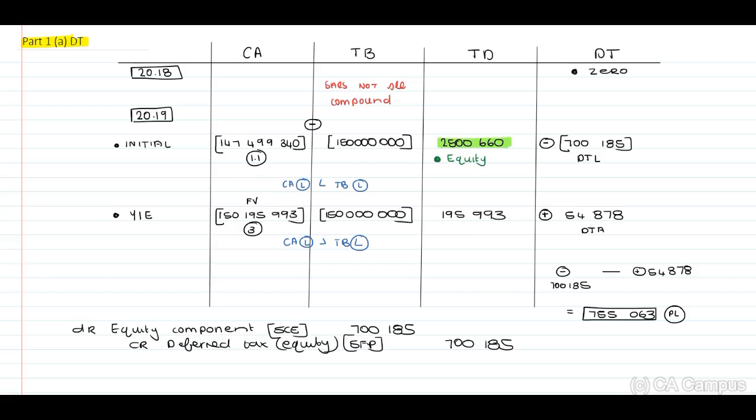Right, you see this, guys? Okay, 700,185, we credit deferred tax liability. Okay, that's the equity portion.